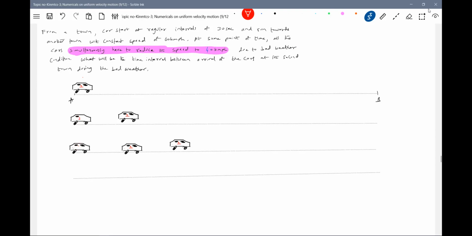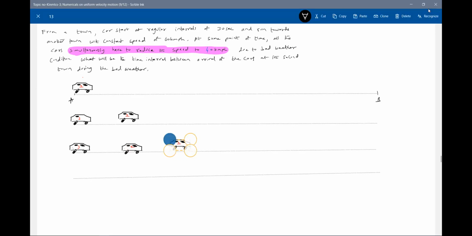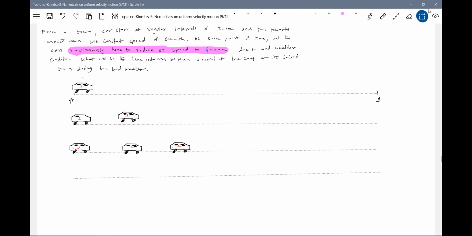This is car 1, 2, 3, like this. Now look at this one. What is the speed of all the cars? All the cars, 60 km per hour.